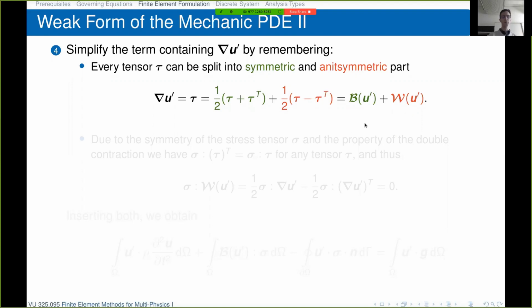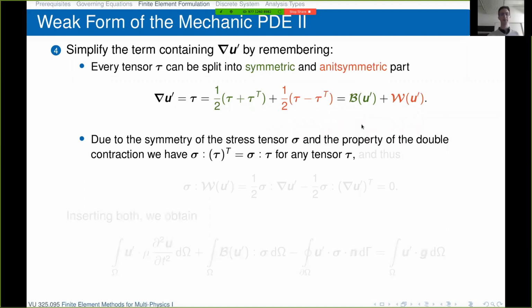And then we can also see that due to the symmetry of the stress tensor and the property of the double contraction, where we simply do the sum over all the component products, we can show that the double contraction of something symmetric is equal to the double contraction of the thing transposed. So this holds for any tensor tau.